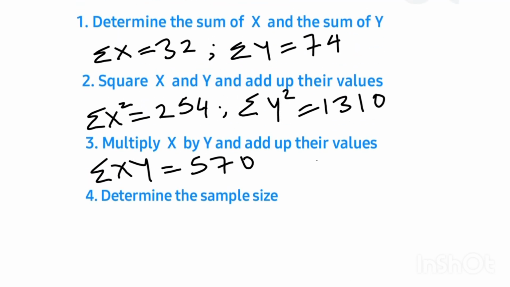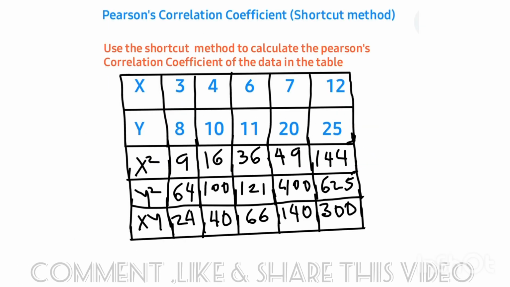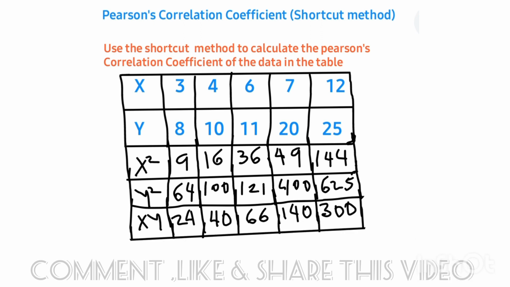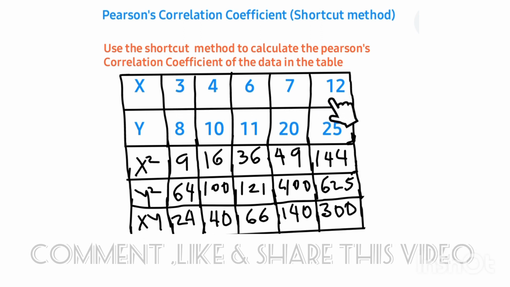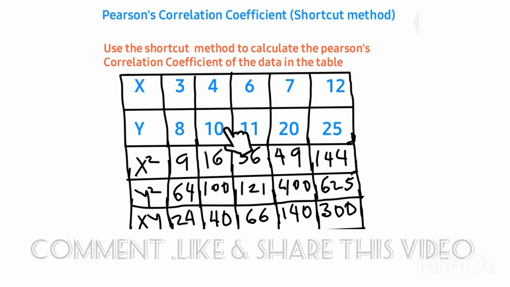Step 4 says, determine the sample size, and this takes us back to our table. And of course, sample size simply means the number of observations, and we could get that by counting. We count 1, 2, 3, 4, 5 for the X series, and for the Y series, 1, 2, 3, 4, 5.